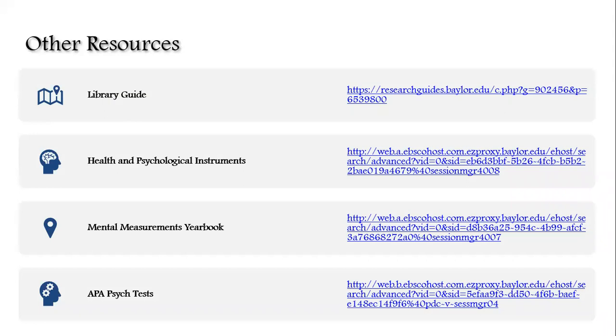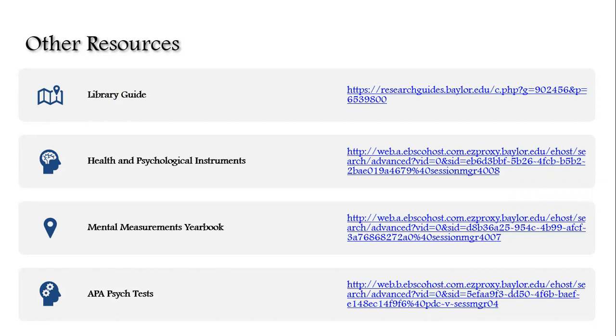And here are some other resources that you can refer to in terms of locating assessment instruments, such as the Health and Psychological Instruments database, the Mental Measurements Yearbook, and the APA PsycTests. In addition, we have a librarian that's assigned specifically to us.